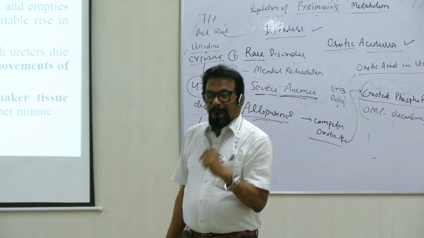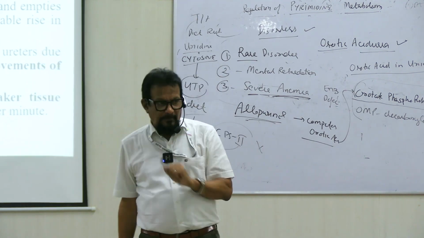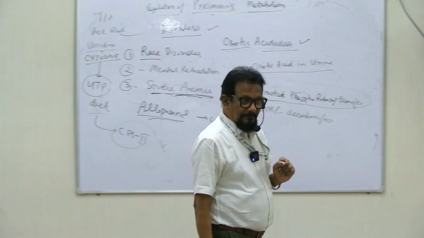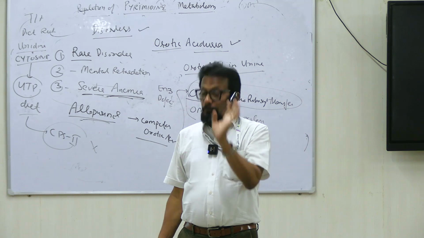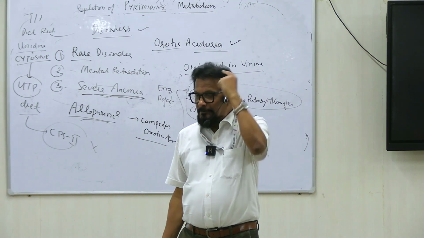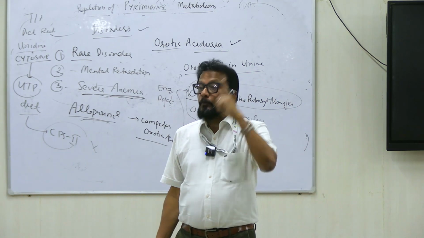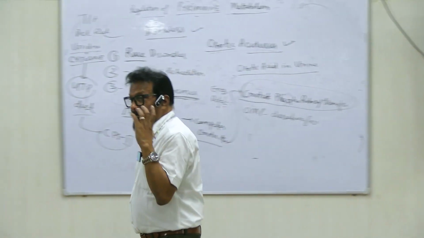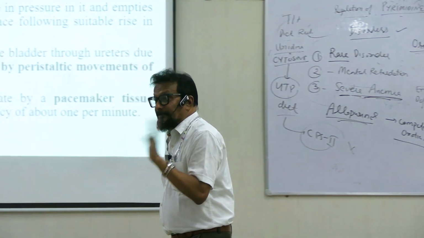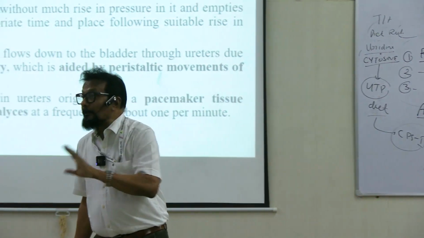And if the time and place is not suitable for urination, then we will control it with the help of the somatic nervous system, voluntary nervous system. Okay, we can resist urination for some time depending on the place.